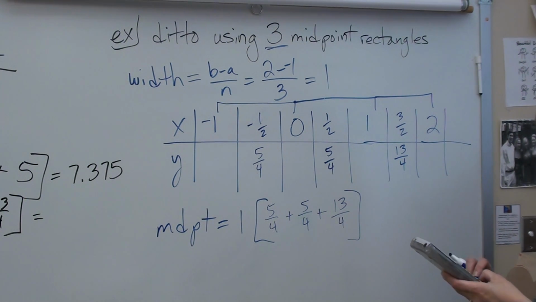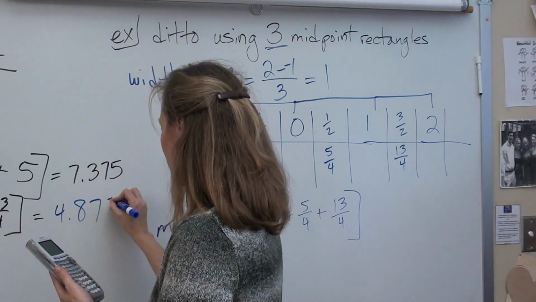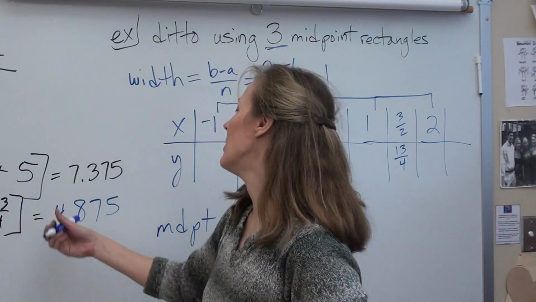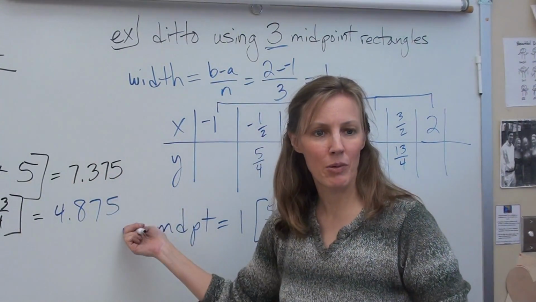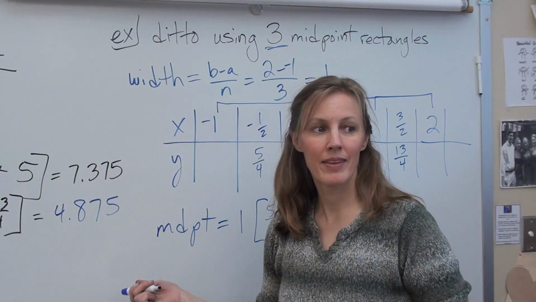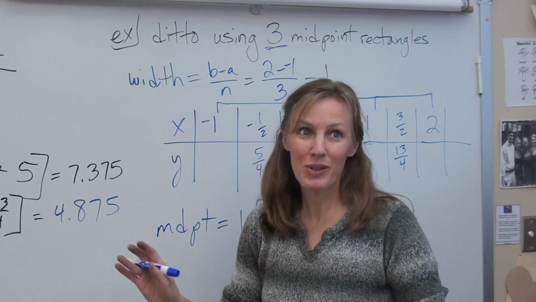So 5/4 plus 1 plus 1 plus 13/4. Okay, so this one we get 4.875. By the way, if the upper is 7.3 and the lower is 4.8, what would be a good approximation? Average these, right? Which is what we're going to do tomorrow when we do trapezoids.